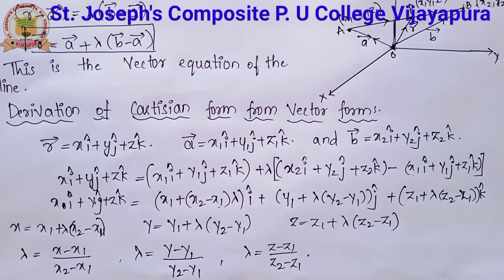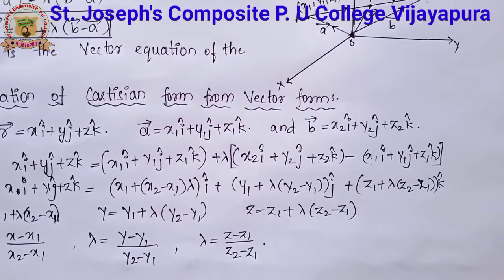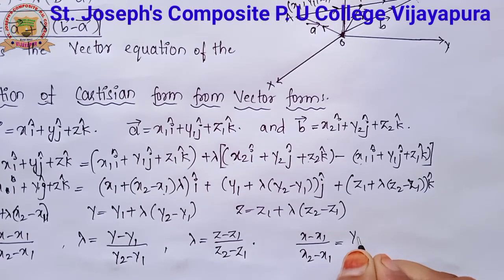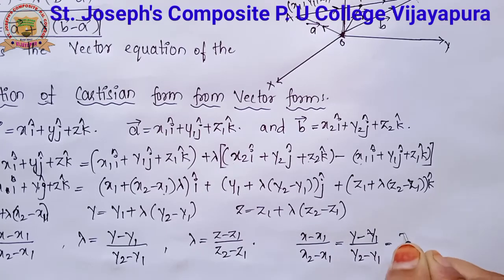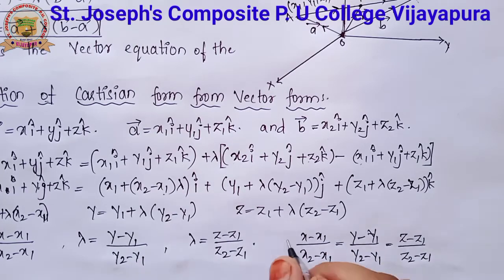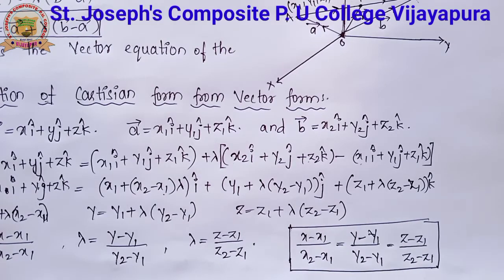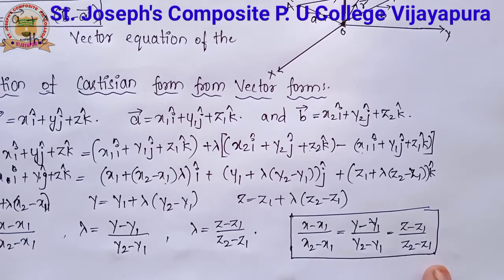Now equating this, we get (x minus x1) by (x2 minus x1) is equal to (y minus y1) by (y2 minus y1) is equal to (z minus z1) divided by (z2 minus z1), which is the required equation of the line in Cartesian form.